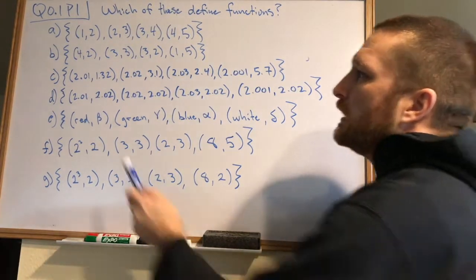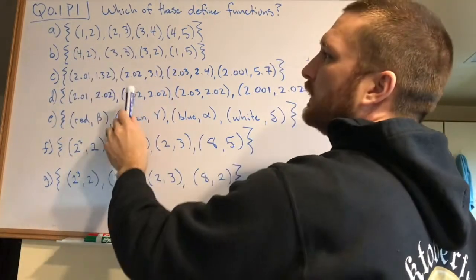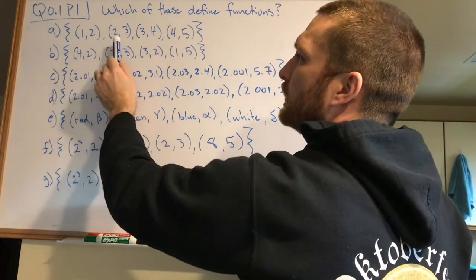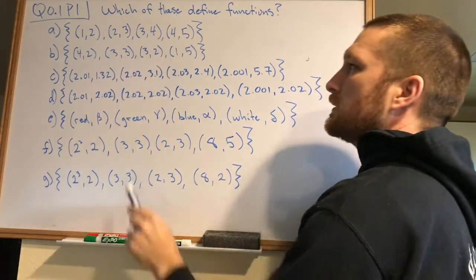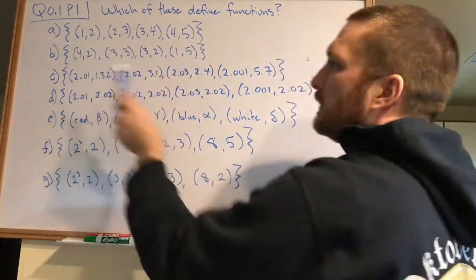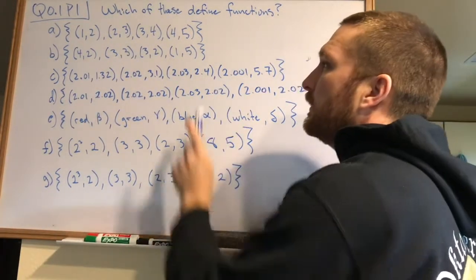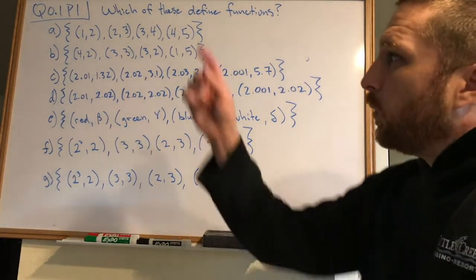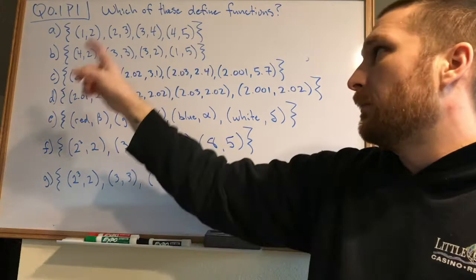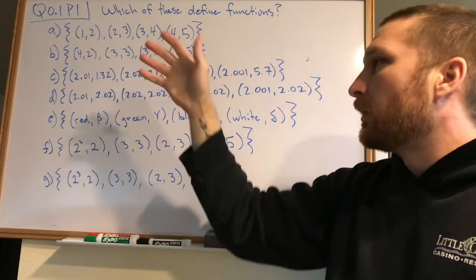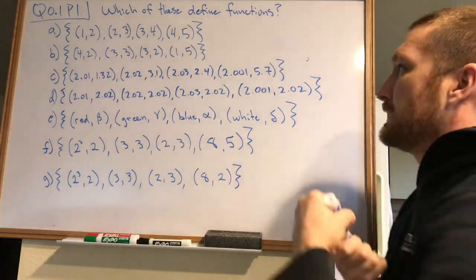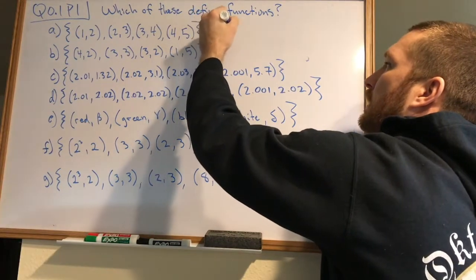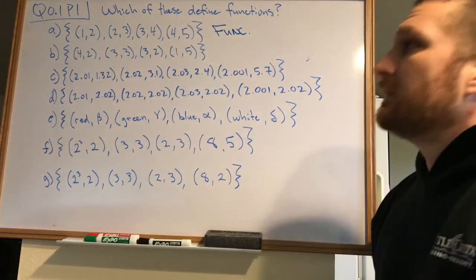Here I could just say, yep, there's only one 1 here. How many times is 2 the input? Well, 2 is only the input once. 3, yep, the only time 3 is an input is one time. 4, same here. So 1 gets mapped to one and only one number, 2 gets mapped to one and only one number, and so on. So yes, this is a function. By definition, it's a function.